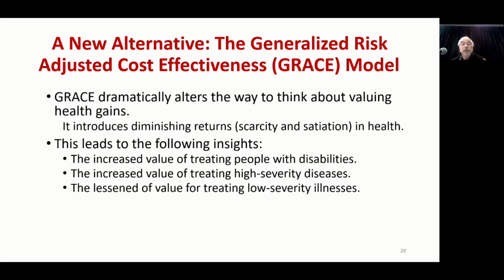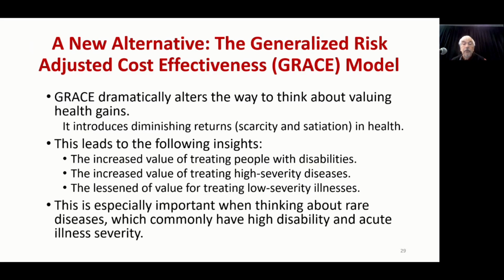First, it increases the value of treating people with disabilities, unambiguously. It increases the value of treating high severity diseases, but in parallel, it also says that we're probably overvaluing the treatment of minor illnesses. And so that's a combination of events that throws the cost effectiveness out of kilter, because it's not really at this point thinking about the disease severity. It's treating all the same.